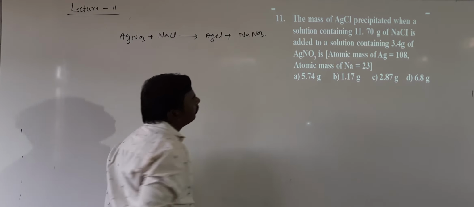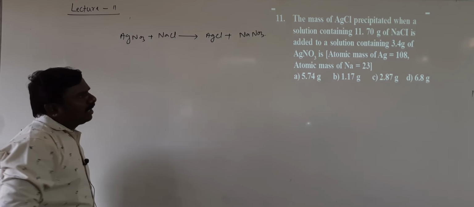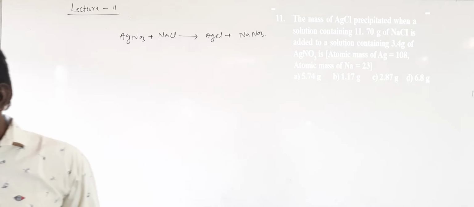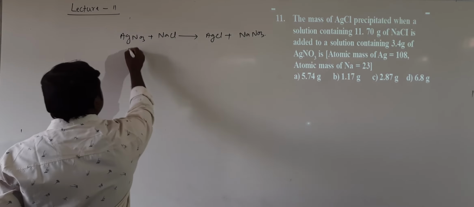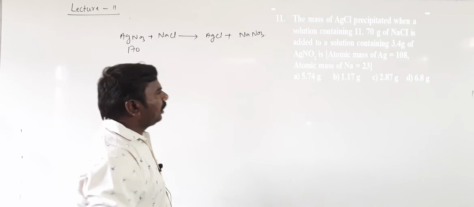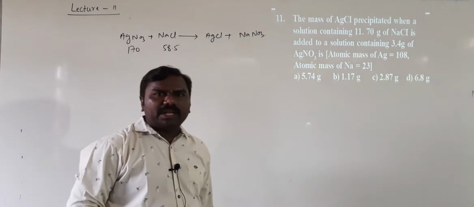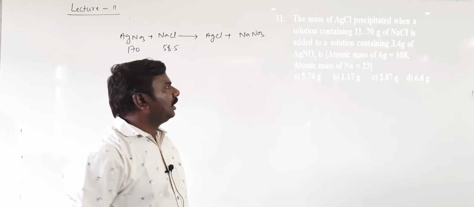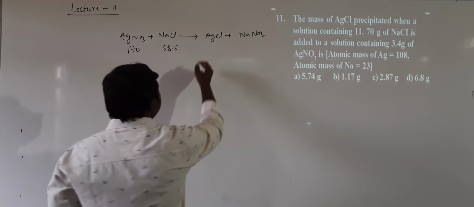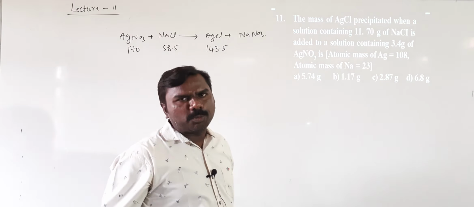So, the mass of AgNO3: Ag will be 108, nitrogen 14, 3 16s 48, total mass you will get is 170 grams. NaCl: sodium 23, chlorine 35.5, totally 58.5. AgCl: 108 Ag plus 35.5 chlorine, totally the mass will be 143.5. They did not give any data about the NaNO3, you leave it, no problem.